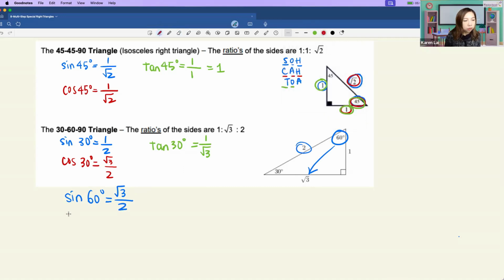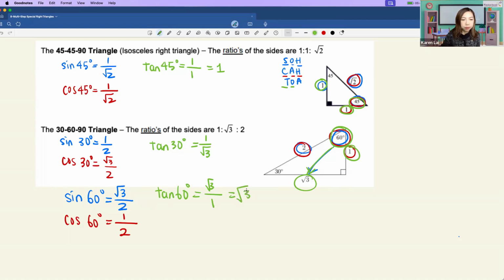Then we would have cosine 60, which is adjacent, the side beside the angle, 1, over hypotenuse, which is 2. Tangent 60. Again, this is our angle, so tangent would be opposite over adjacent, which is 1. So it's a neat root 3.